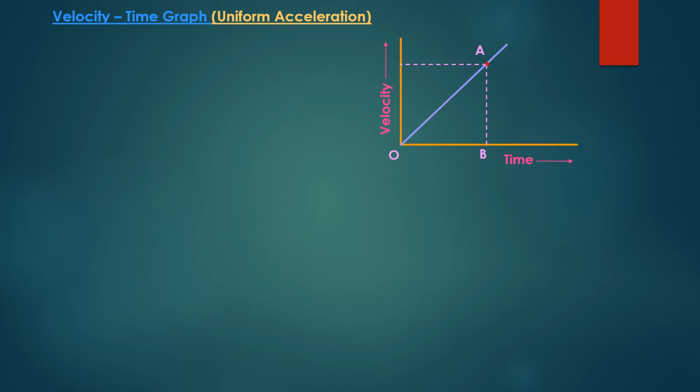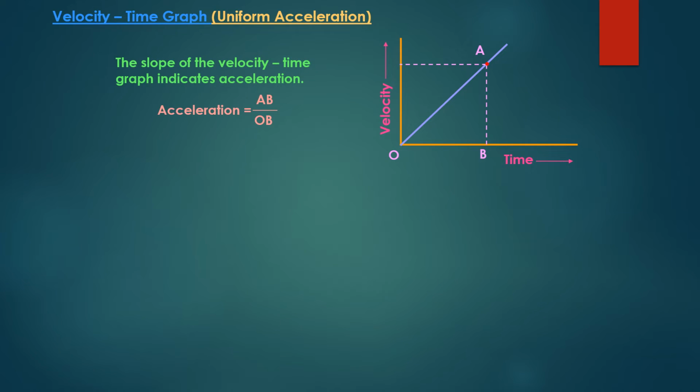Let us look into the velocity time graph where uniform acceleration takes place. We'll take velocity in the y-axis and time in the x-axis. Now here, the slope of the graph OA is given by AB by OB.